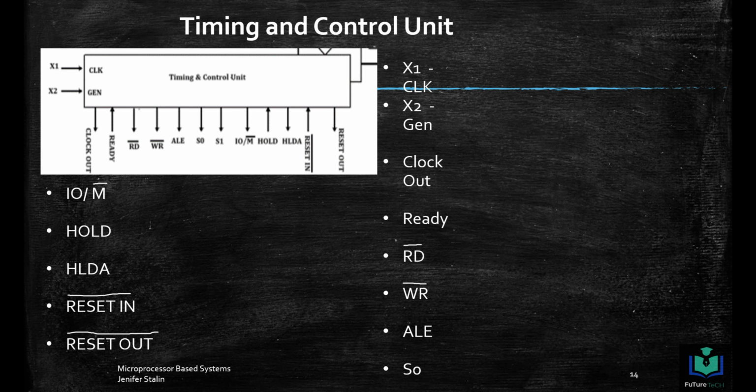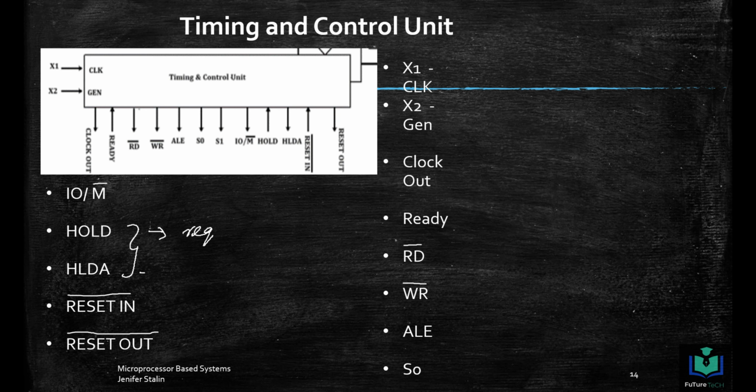There are two signals called hold and HLDA. HLDA stands for hold acknowledgement. The hold signal is used to indicate another master is requesting the use of the address or data bus.